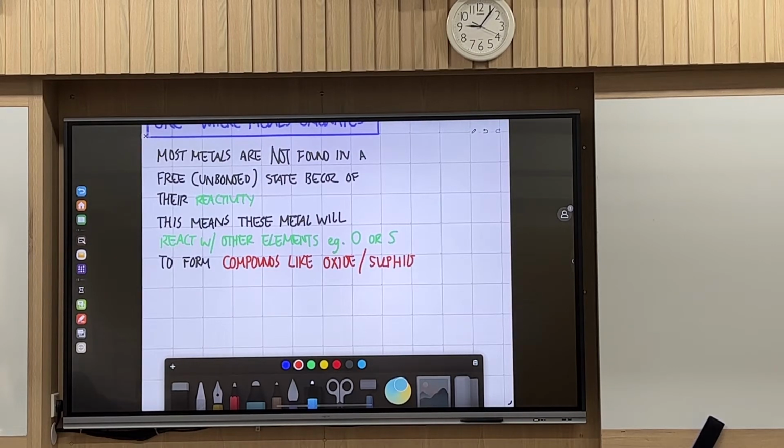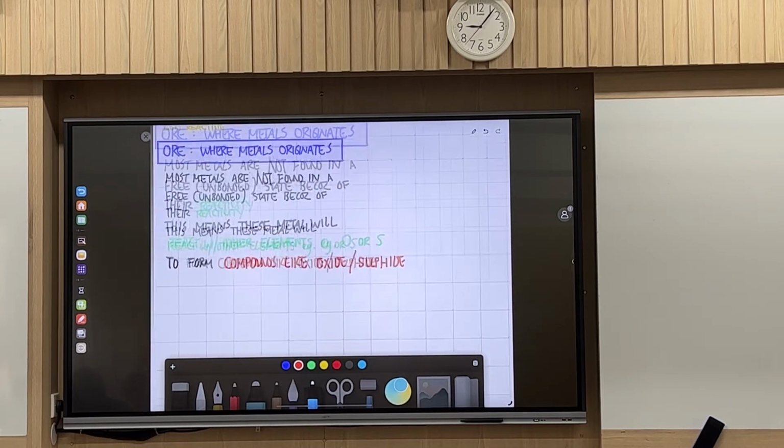Remember we learned about the naming of compounds, right? Things with oxygen are called oxide: sodium oxide, carbon dioxide. Anything with oxygen in it, we usually call oxides. And most things with sulfur in it, we call sulfides. So when metal reacts with oxygen, they form oxide.